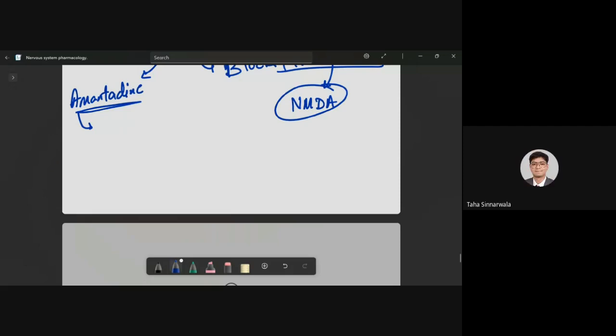Okay, yeah, it can also be used for Parkinson's, but then it also found its root somewhere else. Antiviral? Viral, yes. So it was used as an antiviral medication. And do you know which virus it used to treat? Influenza virus. Influenza, yes, influenza.